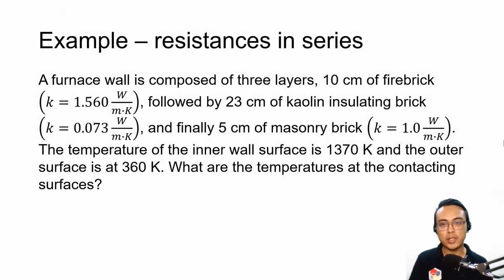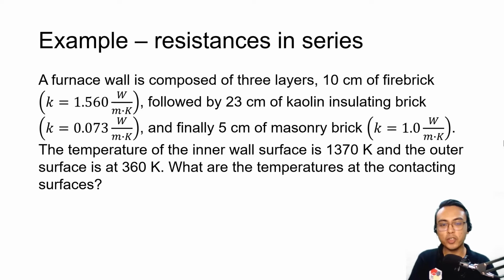Let's have this example. A furnace wall is composed of 3 layers. 10 centimeters of fire brick, you're given the thermal conductivity 1.56 watts per meter per Kelvin, followed by 23 centimeters of kaolin insulating brick with thermal conductivity of 0.073 watts per meter per Kelvin, and finally 5 centimeters of masonry brick, thermal conductivity of 1 watt per meter per Kelvin.